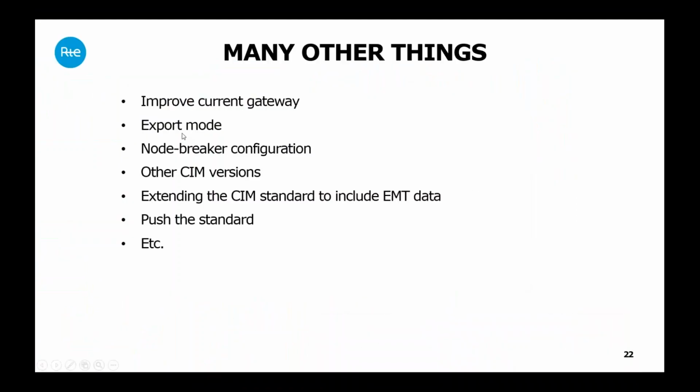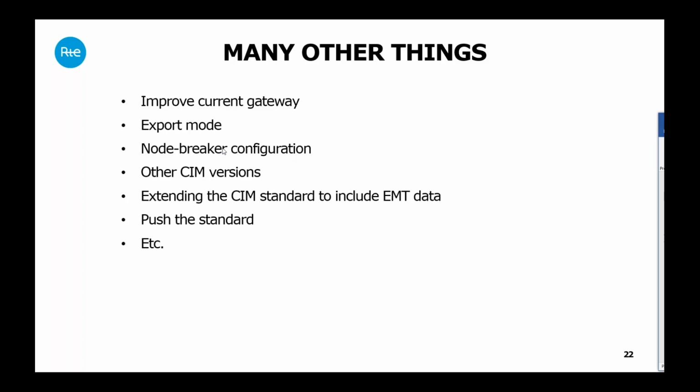So we can also make more effort on the export mode. I mentioned it previously. We can try an import-export loop and compare original and generated XML files. For the node breaker configuration, I will explain what it is. It's a detailed network topology.